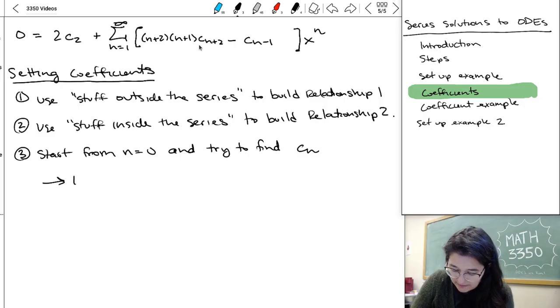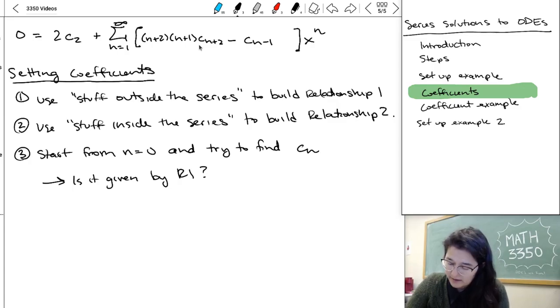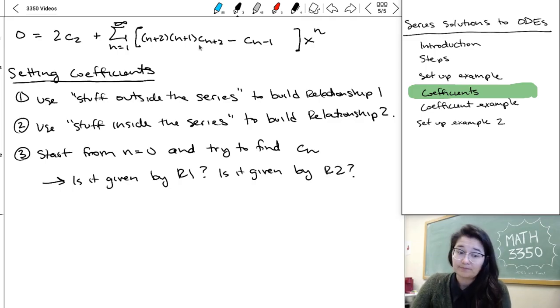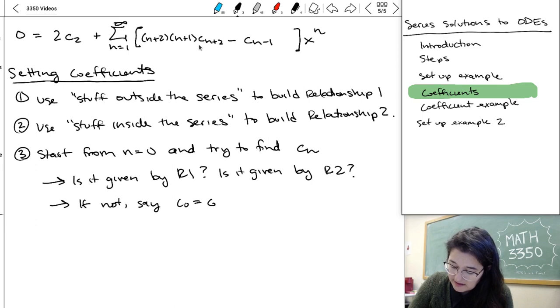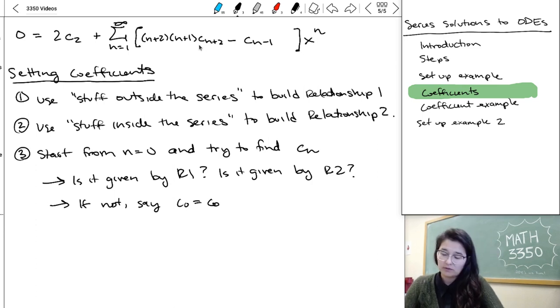So I'll ask myself, is it given by R1? Is it given by R2? And if not, you're going to say C0 equals C0 or Cn equals Cn.